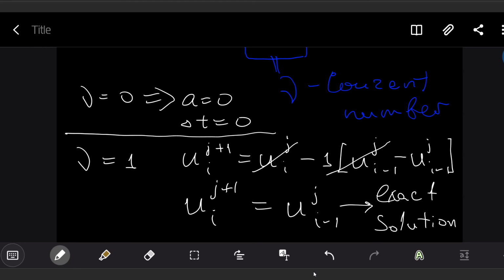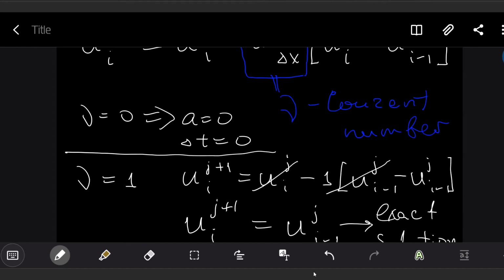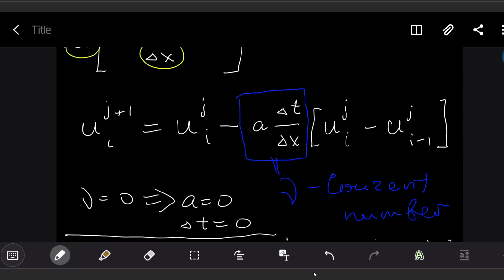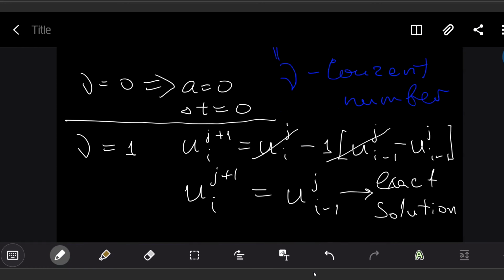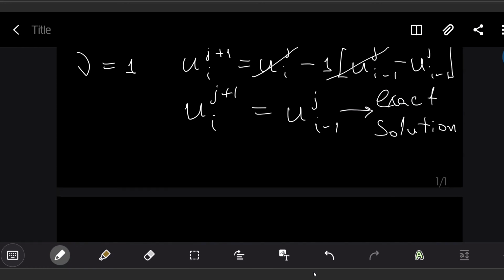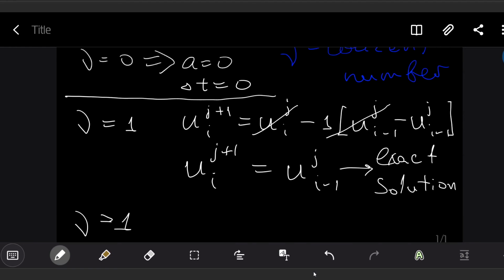Another typical value of the Courant number for such a scheme is when nu is bigger than 1. Nu is bigger than 1. What do we have in such a case?